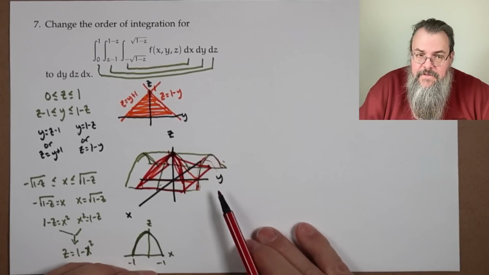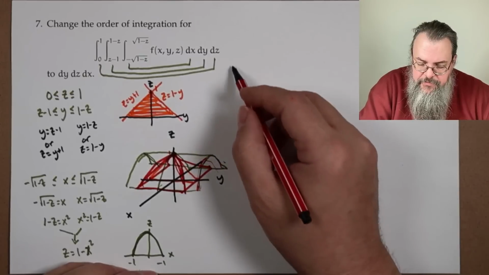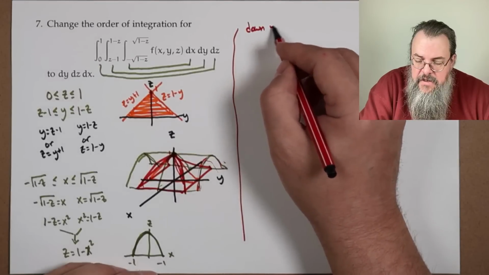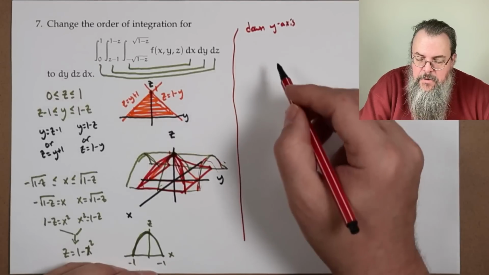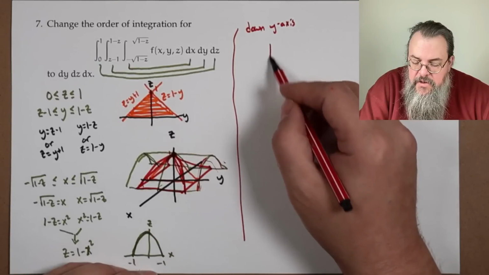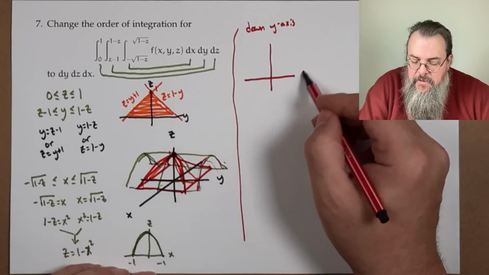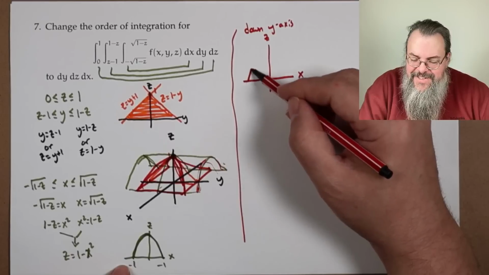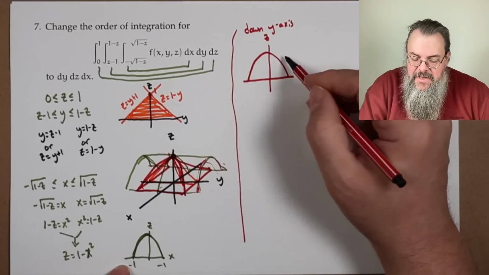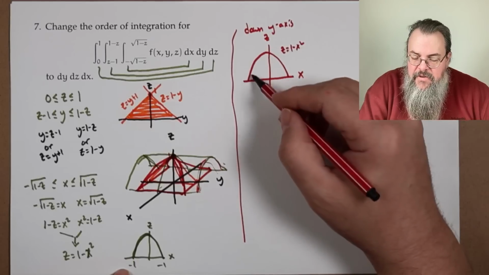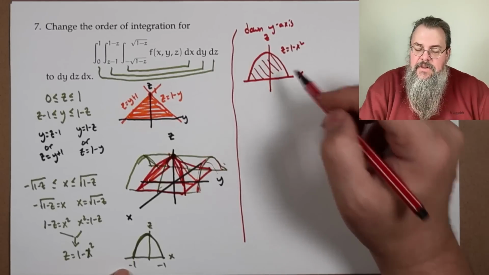So down the y-axis, we're going to keep our parabola. Actually, it's going to look like the same picture. I don't know why I redrew it. It's this shape, z equals 1 minus x squared. So that's the shape that you see down the y-axis.